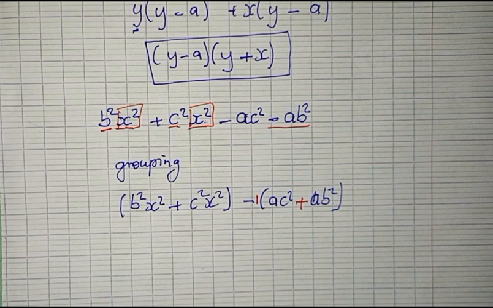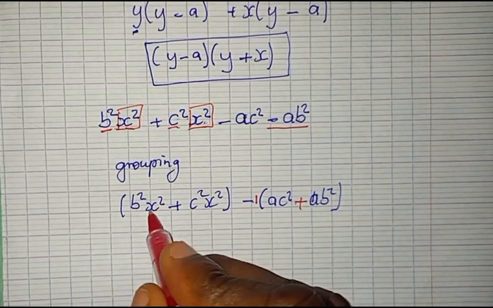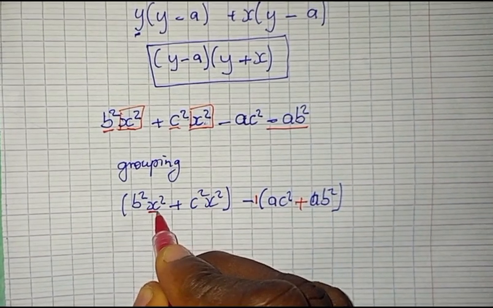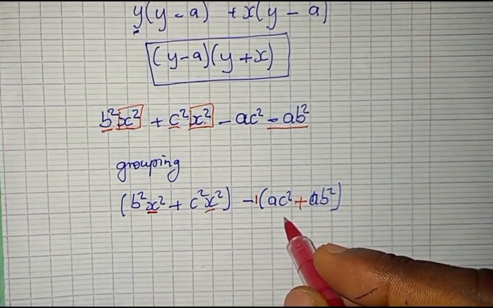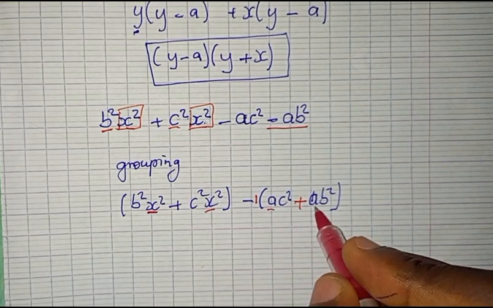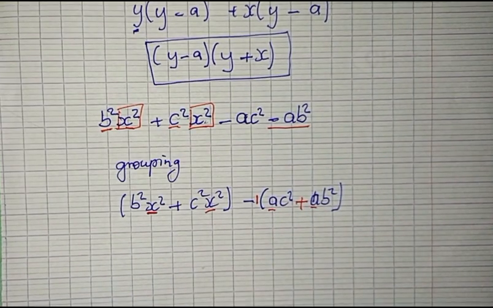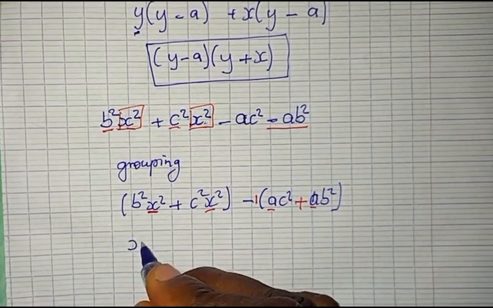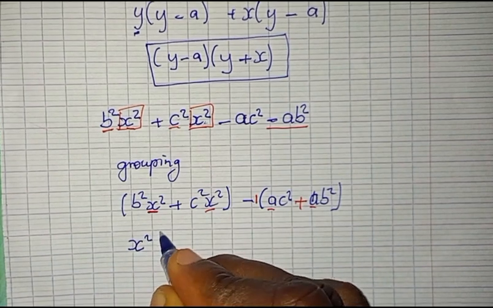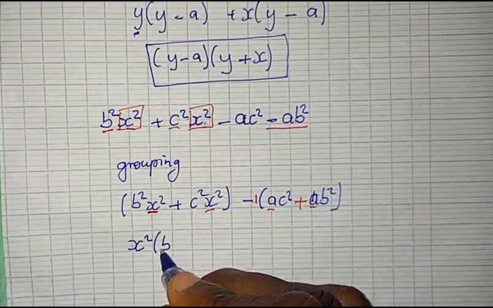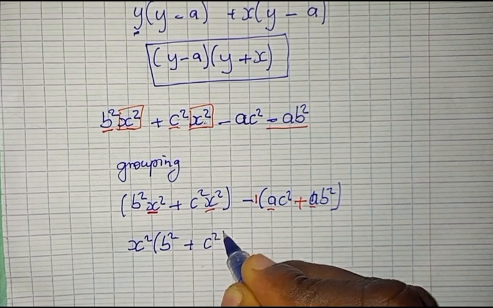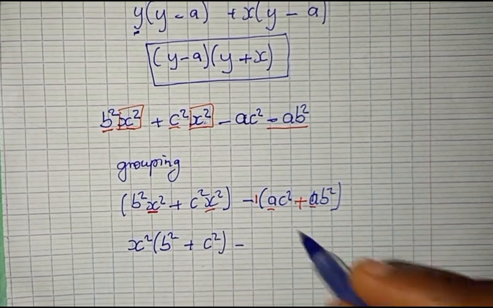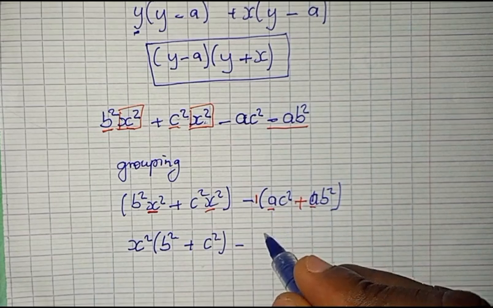Now I am going to factorize each bracket. The common factor in the first bracket is x squared, and in the second bracket it is a. So I put x squared behind the bracket, and I'm left with b squared plus c squared.